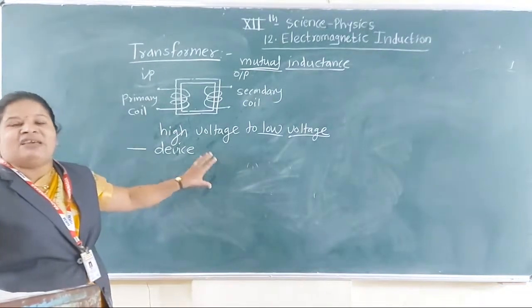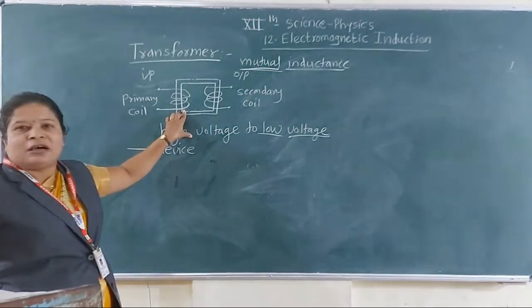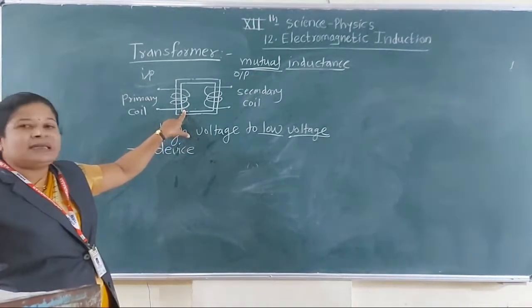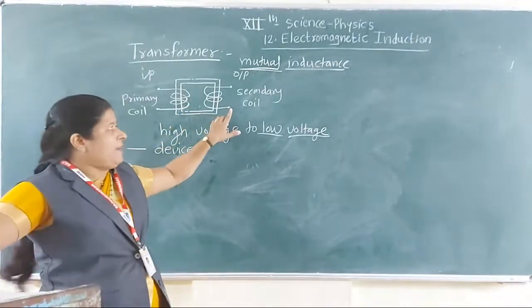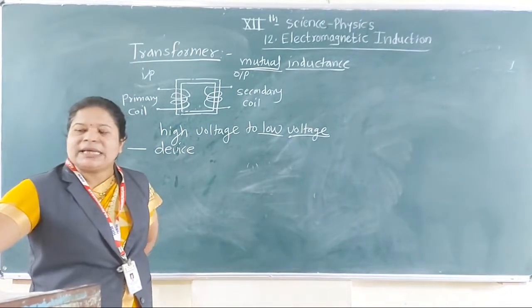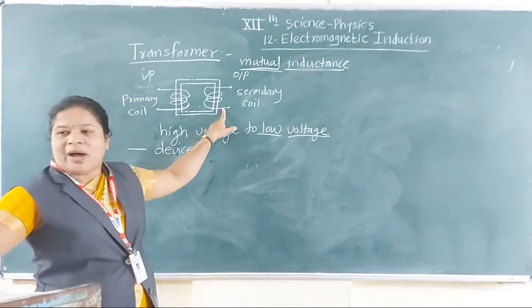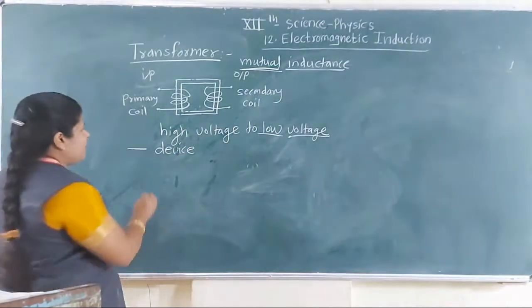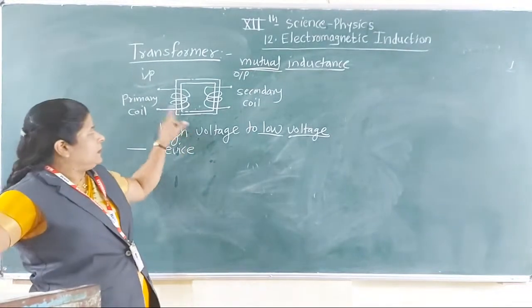What is it? Whenever the magnetic flux linked with a coil changes, an EMF is induced in the neighboring coil. So in the transformer there are two coils.